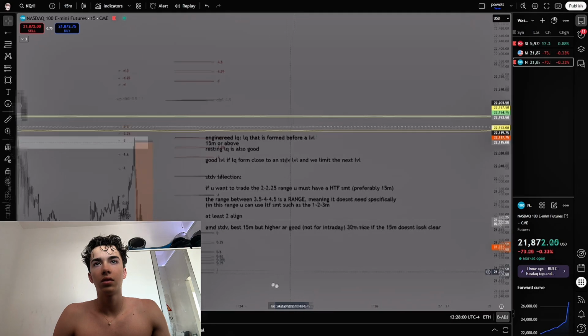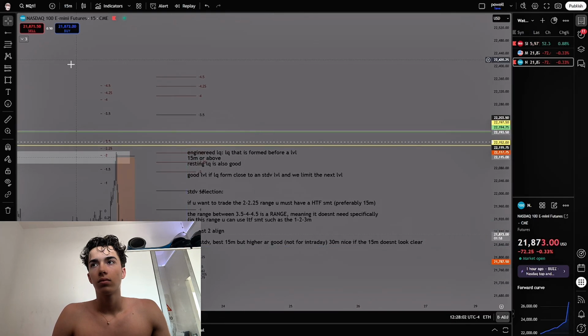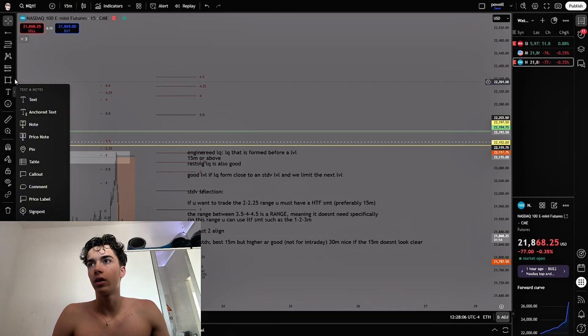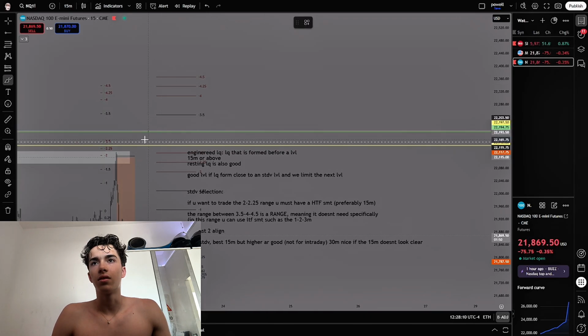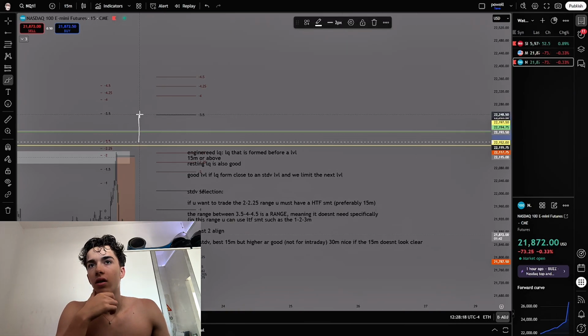Okay, like this. The price doesn't need to do like this, to touch the -3.5 or the -4 or the -4.25 or the -5 and then reverse.